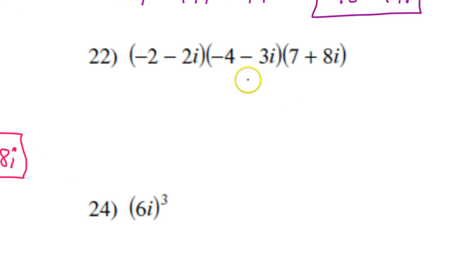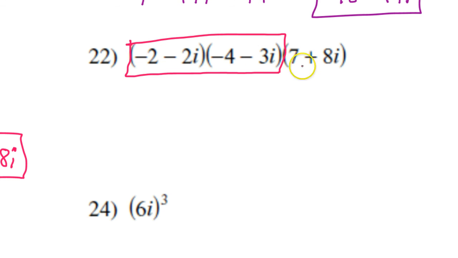All right, you can pick any 2 of these and do them. So I'm just going to go in order. So basically, first, I'm going to do these 2. So just kind of forget about that one. If I double distribute over here, negative 2 times negative 4 is going to be 8.